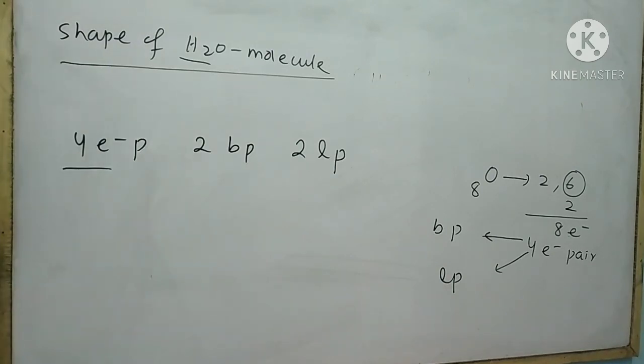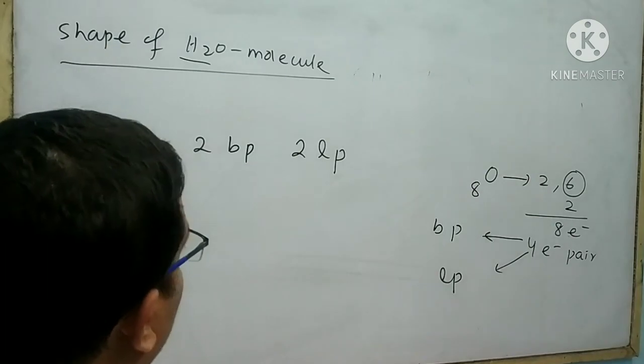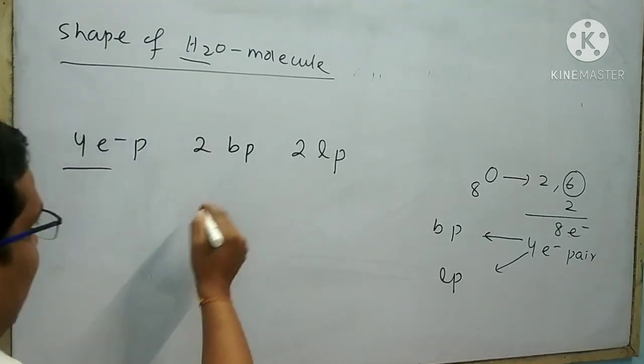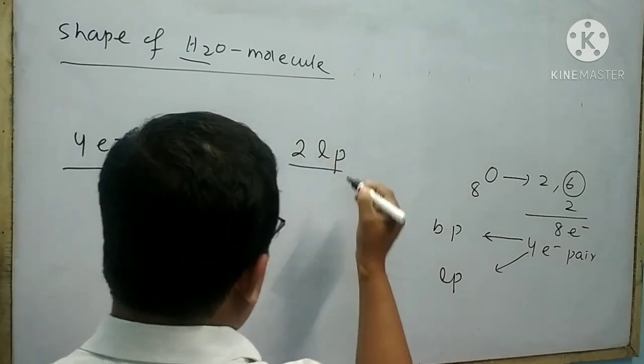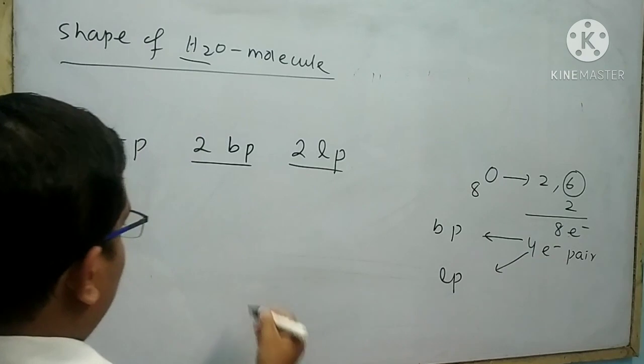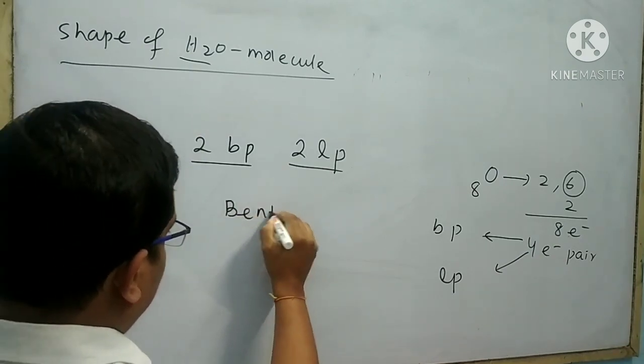Since there are 4 electron pair present, the geometry of water molecule is tetrahedral. On the other hand, since there are 2 bond pair and 2 lone pair present, the shape of water molecule is bend shape.